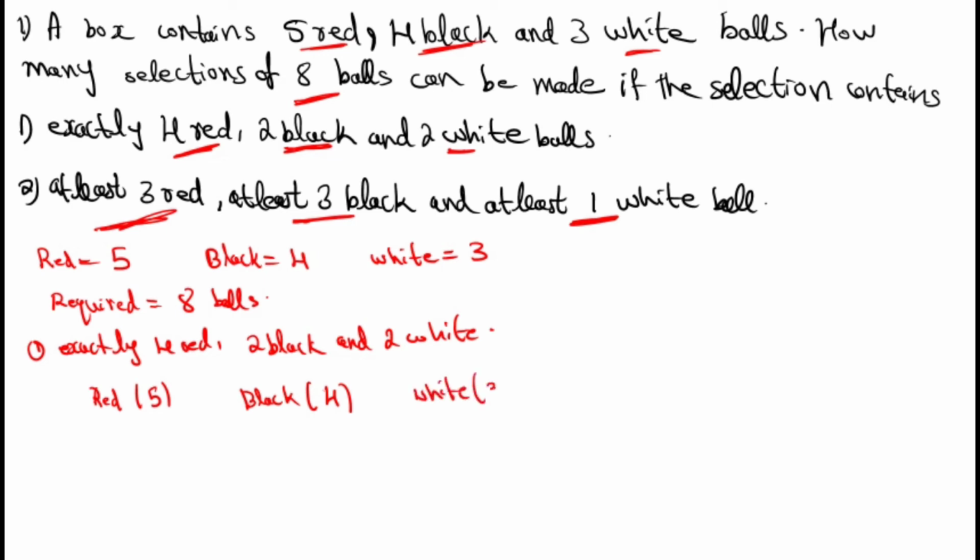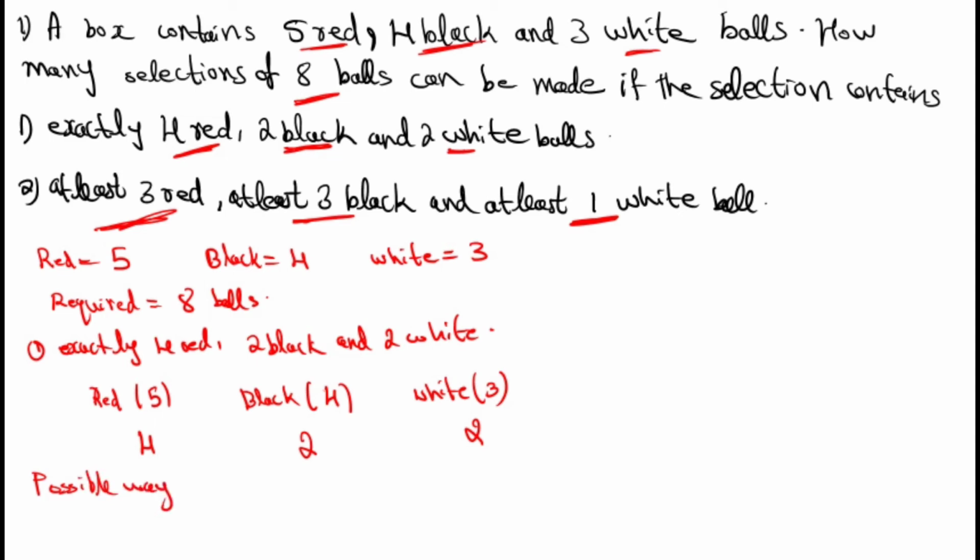You need to take exactly 4 red balls out of 5, only 4. You need to take 2 black balls and only 2 white balls. Selection of 4 red balls, 2 black balls and 2 white balls. Now see what are the possible ways.